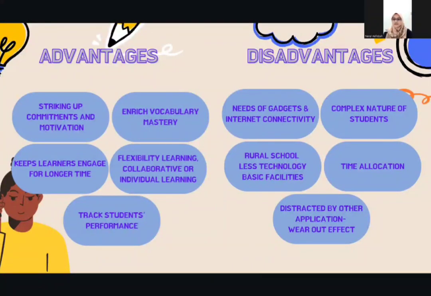Next is time allocation or time management while integrating Kahoot in the lesson. And the last one is distraction by other applications, especially by students who have finished the quizzes earlier. They tend to be distracted by other applications, which leads to a wear-out effect, whereby the main objective of learning will be less effective. Moving to the next slide.